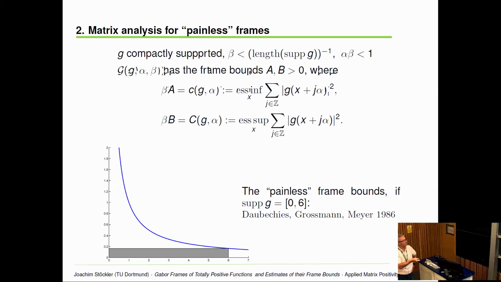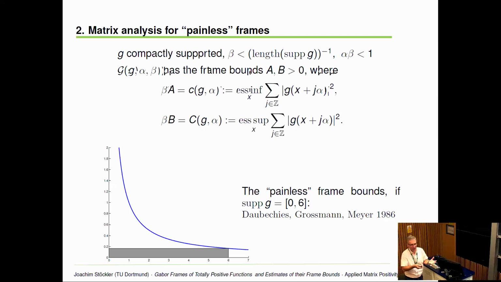So with a support of 6 down here, take any function with a support of 6, anything in L2. You know immediately it's going to generate a Gabor frame if your beta parameter stays below 1 over 6. The proof is very, very simple by looking at the Ron-Shen matrix. They gave another proof which is as simple.